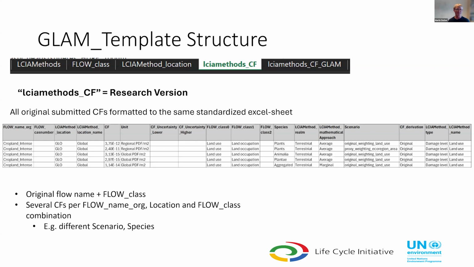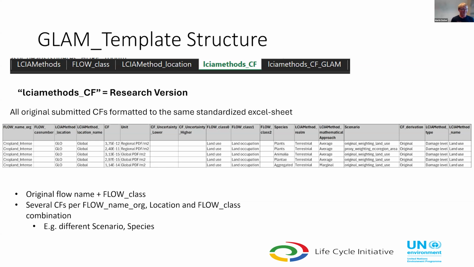And then there's something which is called scenario. So this is where I put in mixed information. We can also call it specification of whether it is a model for a specific case, for example here original weighting land use, but in toxicity, for example, it would be cancer and non-cancer. And then the CF derivation, in this case it's original because we're in the research version. And it's the method type: are we at damage level or midpoint level, and also the LCI method name.